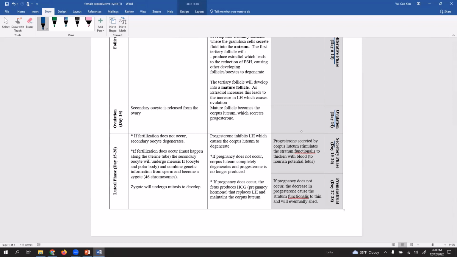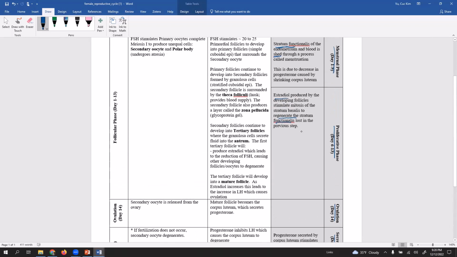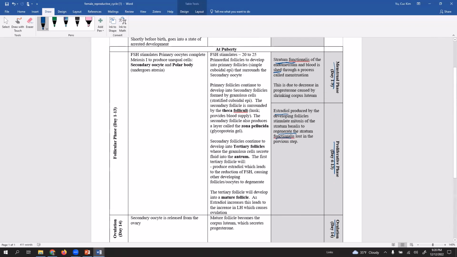And then you have the secretory phase and then the premenstrual phase. Where if we were to look at the ovarian cycle, both the secretory phase and the premenstrual phase are referred to as the luteal phase. And the proliferative and menstrual phase is referred to as the follicular phase.